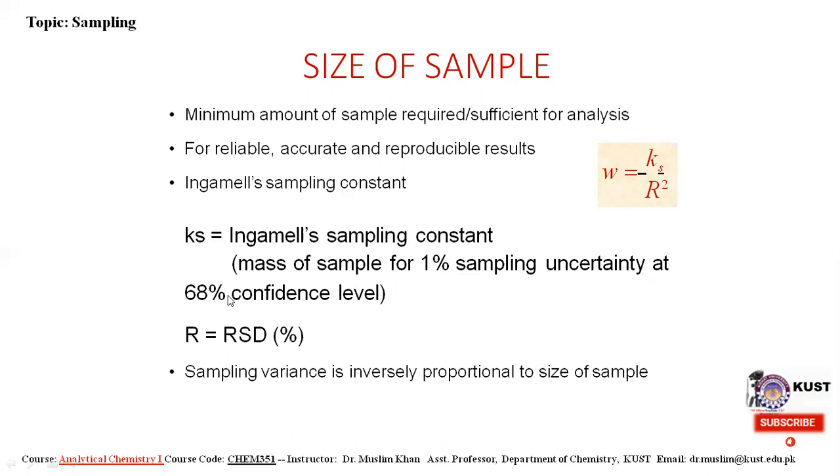We will discuss confidence level and relative standard deviation in our coming slides. With 68% confidence, sampling variance is inversely proportional to the sample size. The greater the sample size, the smaller the variance. With a large variance, the size of the sample is small.